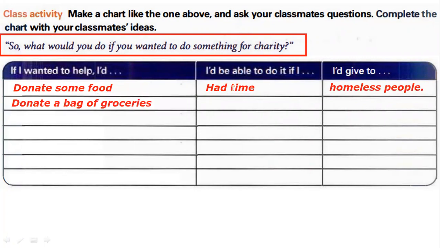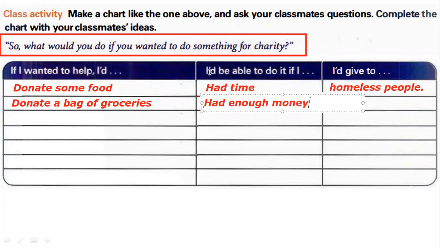How would you be able to do it? What would you need to do? If I had enough money. Save money every month, no? Yeah, that's a good one. Save money every month. Okay. I'd give it to? Who would you give it to?